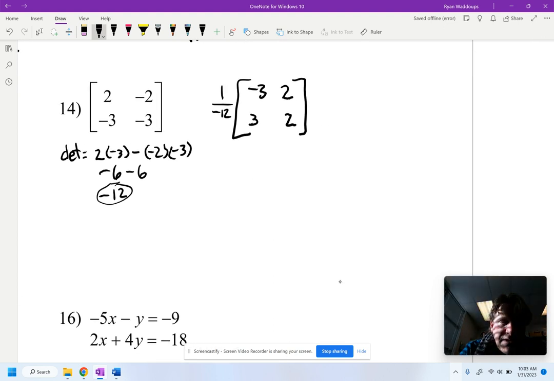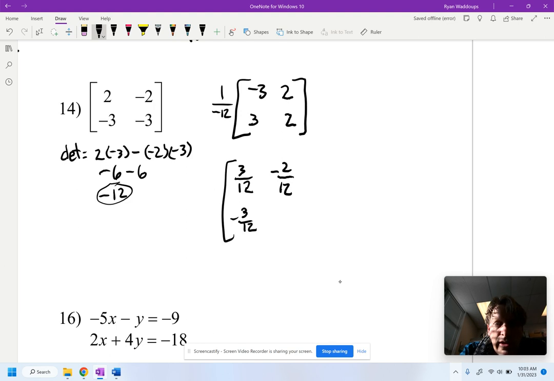I've got negative times negative is positive 3/12, and negative 2/12, negative 3/12, and negative 2/12. And now we want to simplify those.